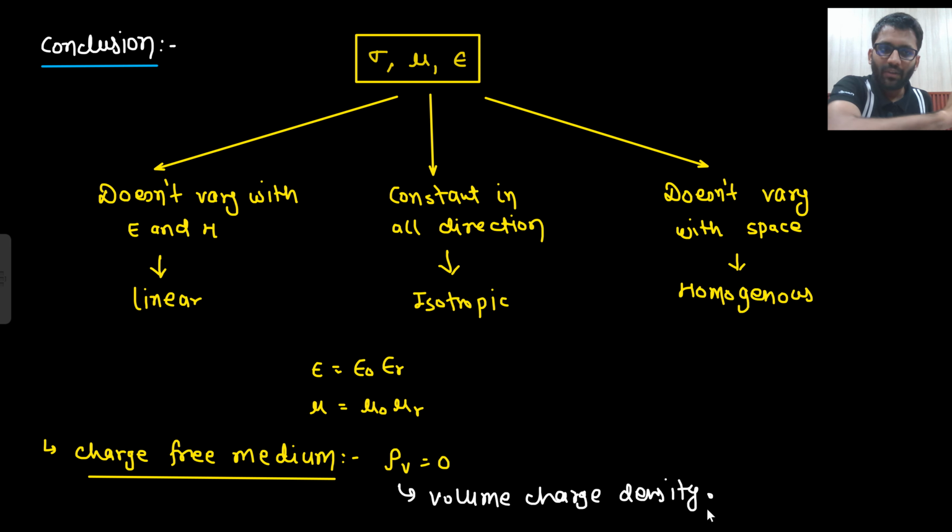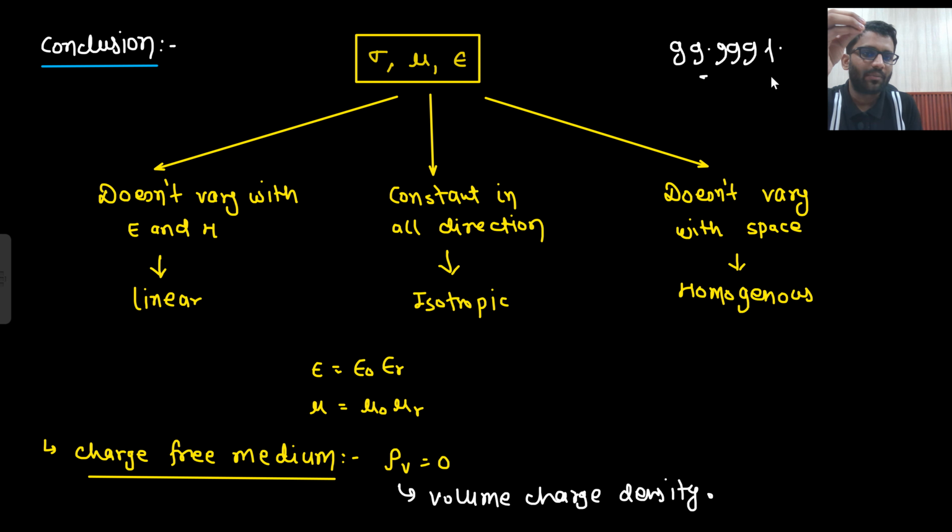All the mediums will be linear, isotropic, homogeneous, and charge free. Is that clear to you? In the examination, I am 99.999% sure that the questions will come from a linear, isotropic, homogeneous, and charge free region. That's for sure, and that's why we understood all these points here. Is that clear to you?